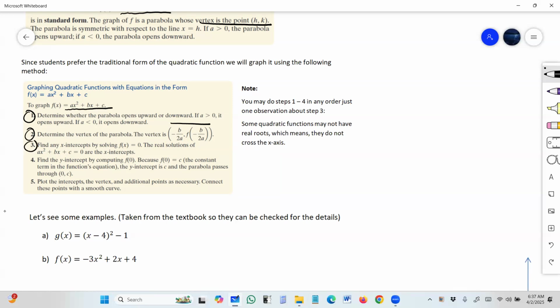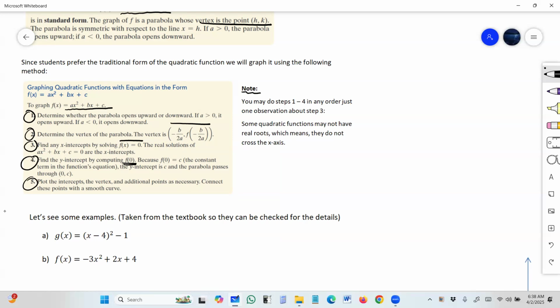We'll find the x-intercepts if they exist, and we find the x-intercepts by solving the equation f of x equals 0. It may not be possible, right? And then we'll find the y-intercept, and the y-intercept is just f evaluated at 0.